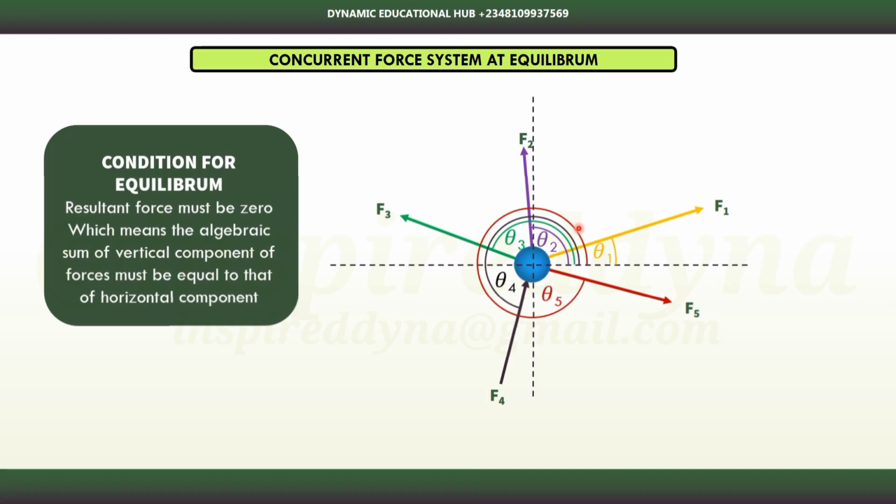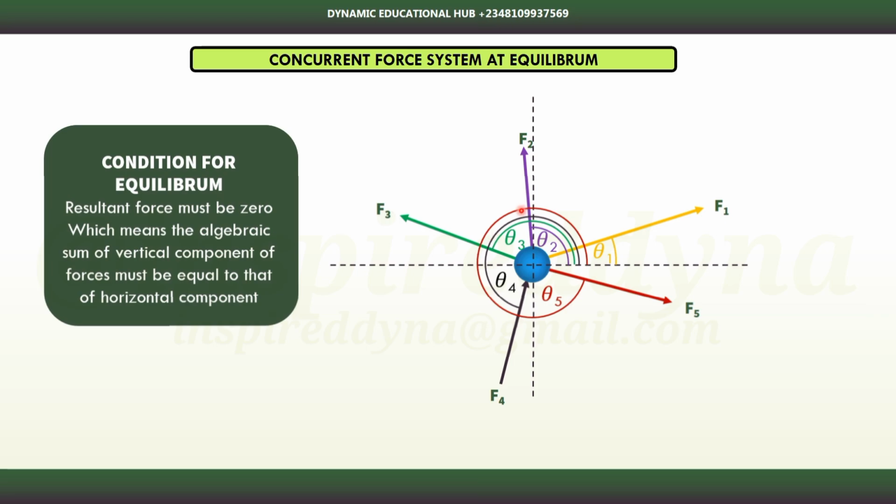Let's observe it. Theta 1 is in the range of acute angle. So theta 1 is going to be positive. Theta 2 is in the range of obtuse angle. Theta 3 is also in the range of obtuse angle.